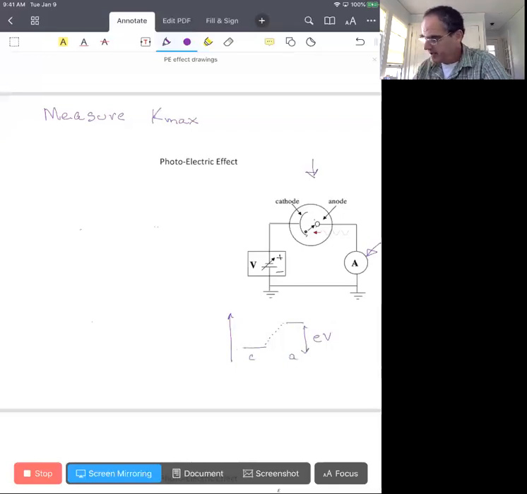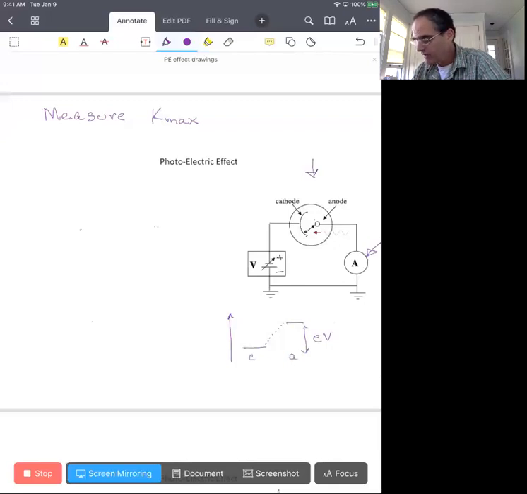So we can imagine if we set this up and turn on the light with V set to 0, we'll see a photocurrent. But as we increase V, the photocurrent will become less and less because some of the electrons will not have enough kinetic energy to cross from cathode to anode.